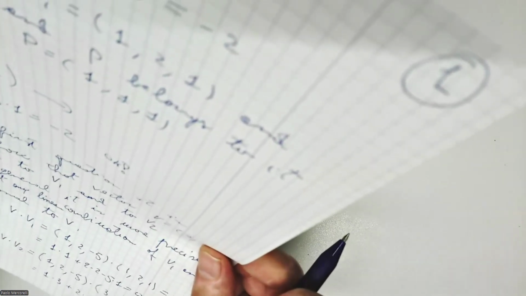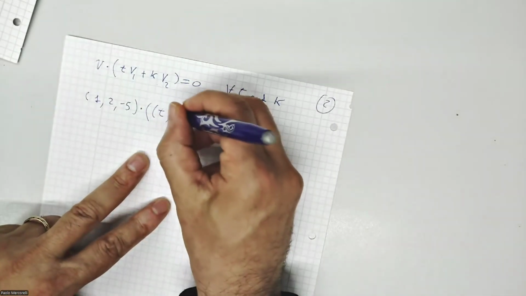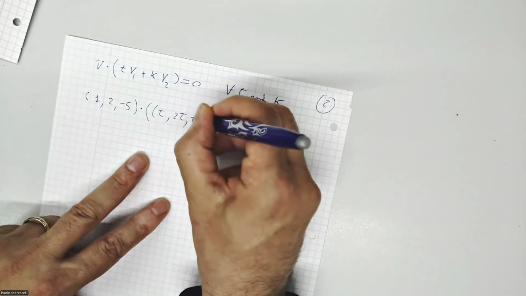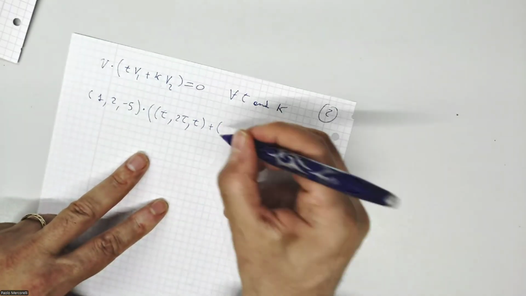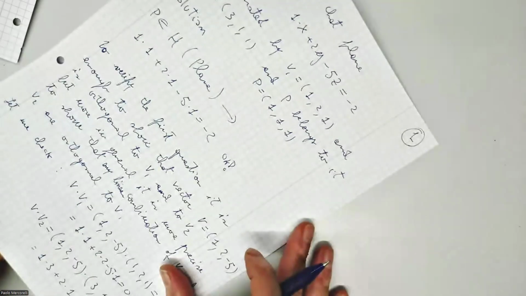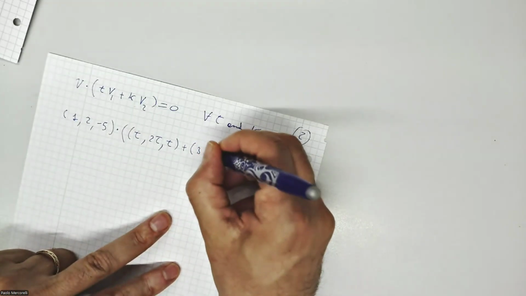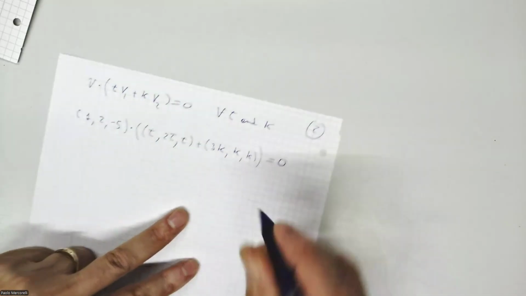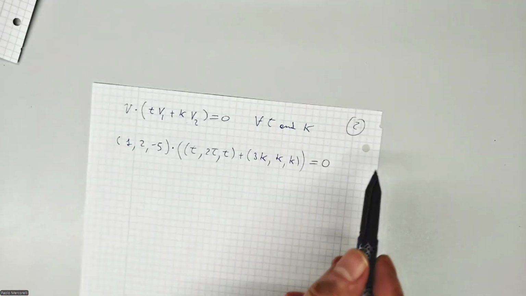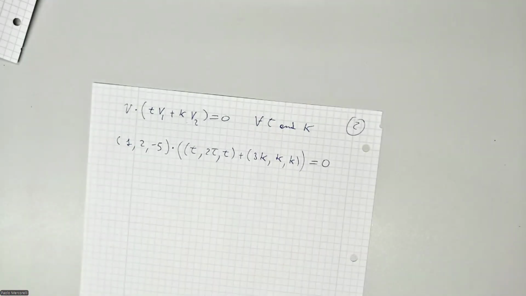Here we have (1, 2, 1), that is V1, and V2 is (3, 1, 1). I hope that I copy correctly, because if I make mistakes, we don't find 0.